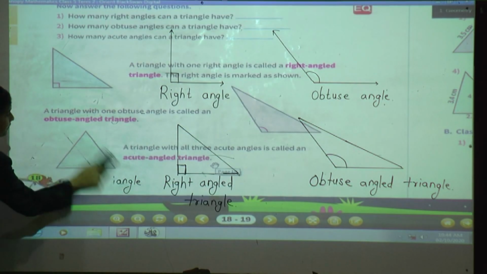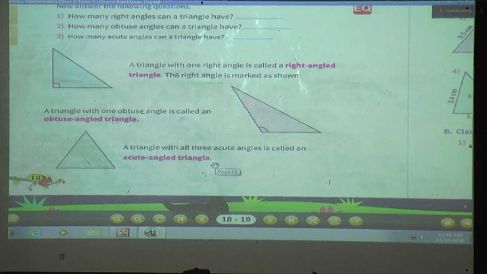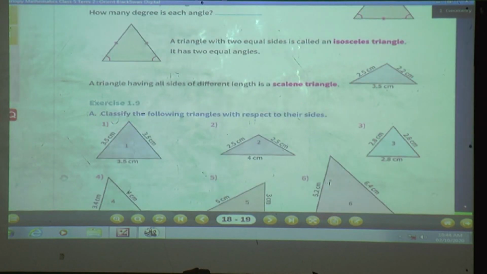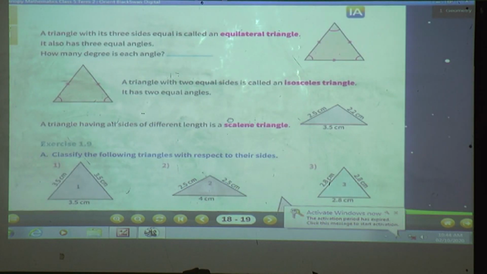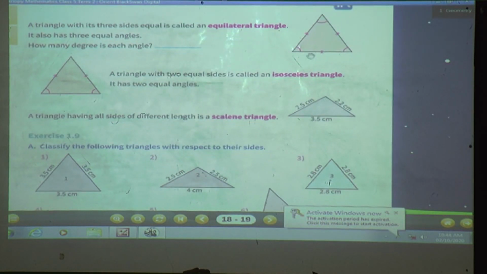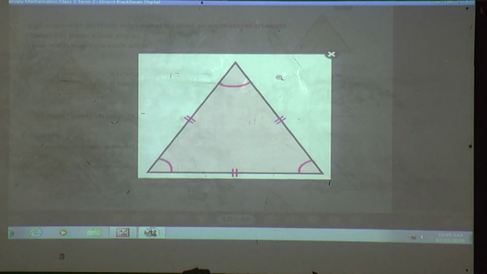Page number 19. See here. Here are three types of a triangle based on their sides measurement. First one. A triangle with its three sides equal is called an equilateral triangle.